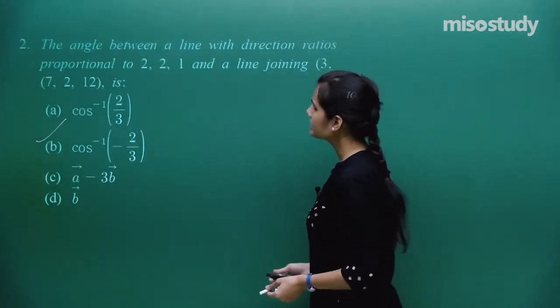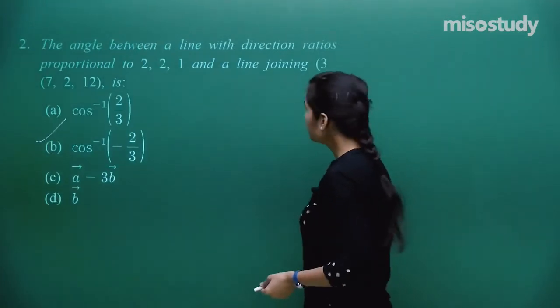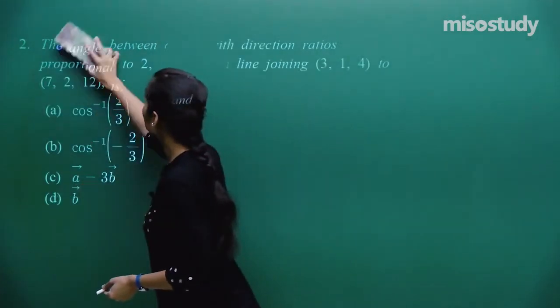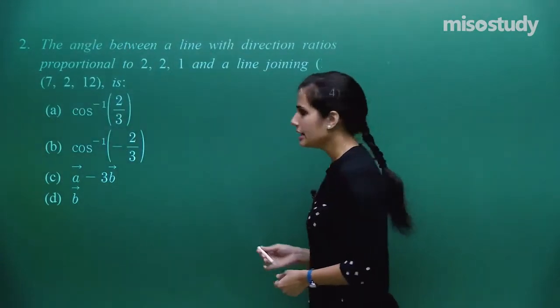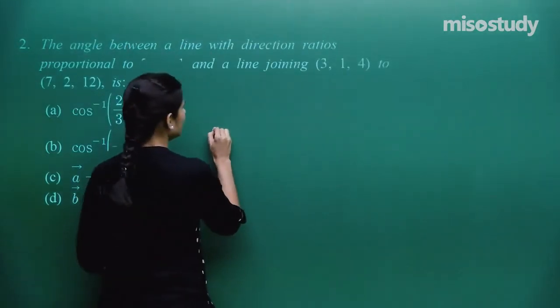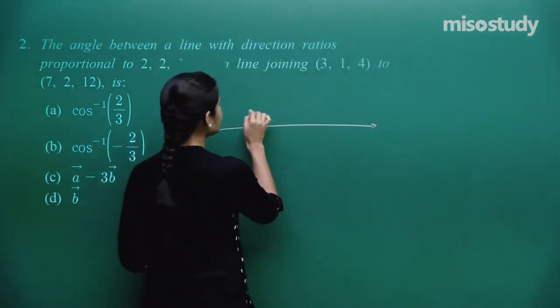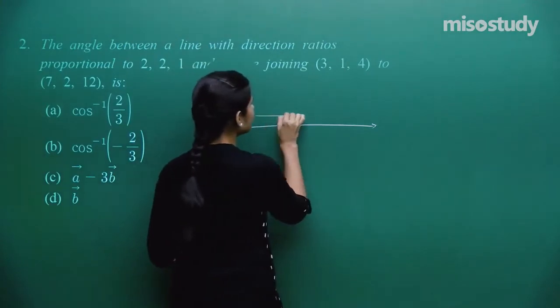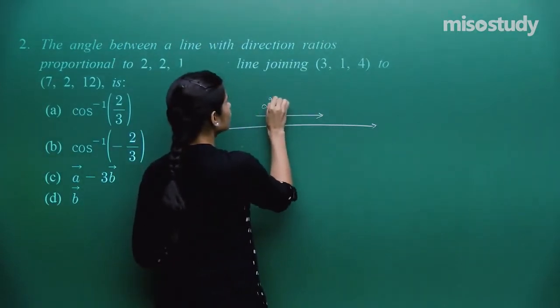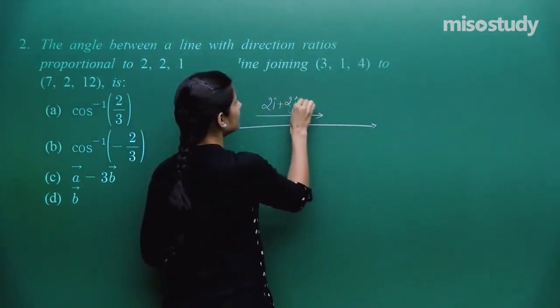Next question says that the angle between a line with direction ratios proportional to 2, 2 and 1 and the line joining these 2 points is what? Now suppose this is a line whose direction ratios are proportional to 2, 2 and 1, that means it is parallel to the vector 2i cap plus 2j cap plus k cap.